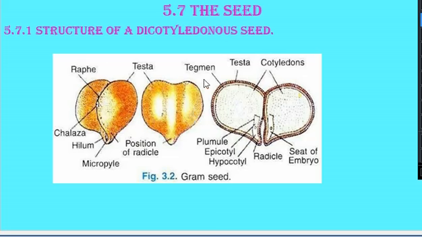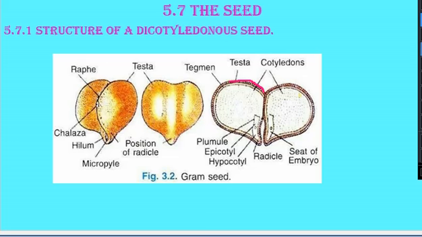Dear students, you might have seen germinating seeds where very easily you can remove the outer covering, that is the seed coat. This seed coat consists of the outer testa, this part is testa, and the inner tegmen.